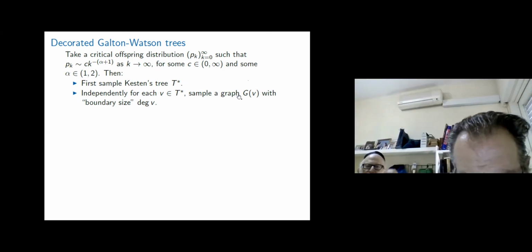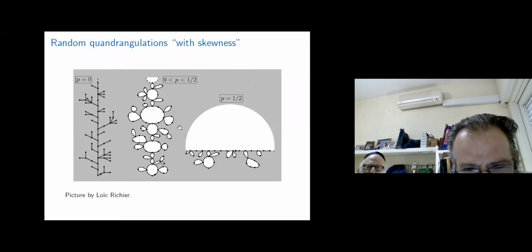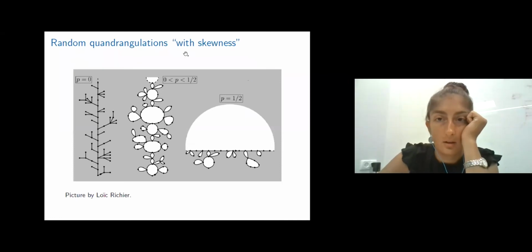And what you had in the previous picture, I'm not entirely sure, but it seems to me that the graphs assigned to adjacent vertices had some of their vertices glued together, right? So it's not that they're, I mean, they're sort of gluings. Yeah, so you can think, I'm still drawing it.